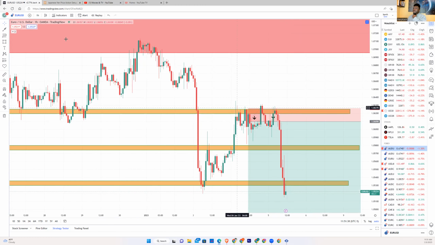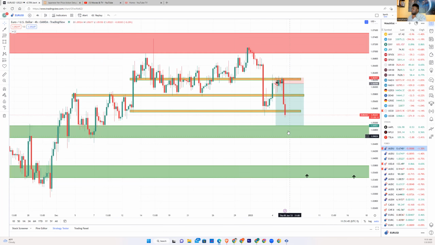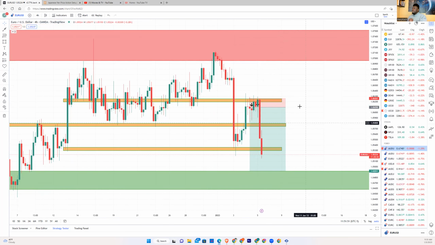So pretty much the same thing we had on Euro USD. We were anticipating that sell position, and it's still pushing down. Hasn't hit the support level that I'm waiting for. But beautiful trade, beautiful trade.